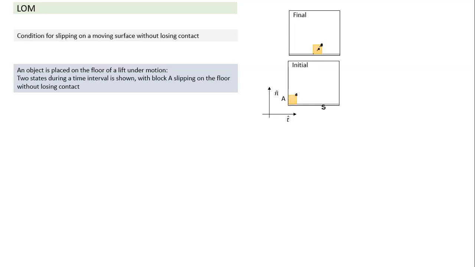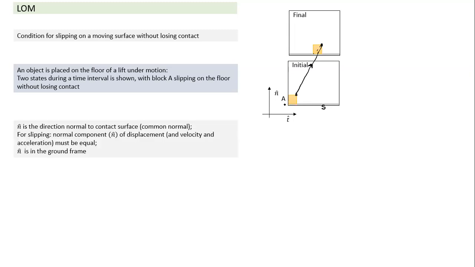This is the displacement, and similarly the average velocity will also be in the same direction during this time interval. What has to happen if we write the condition here? Their normal components of displacement have to be equal. The normal component of velocity of surface and block has to be equal. So we need to identify which is the normal direction, and we can equate their velocities or accelerations as the case may be.